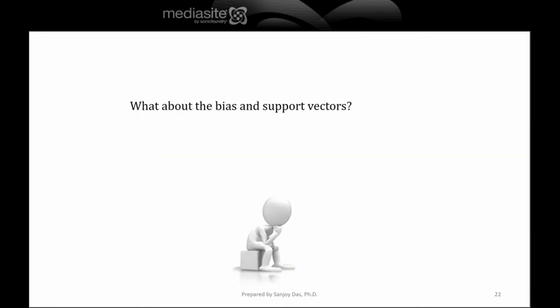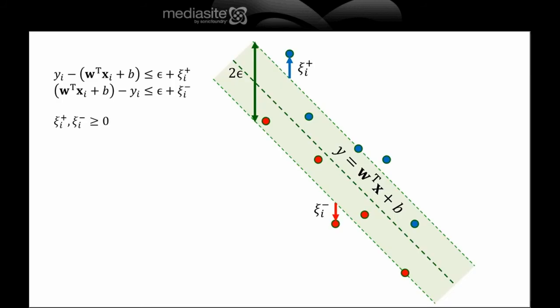Now let's proceed to see what the support vectors are and how we get the bias, which is b in our equation. That's the bias. Okay, so we have this schematic back again where I show several points.